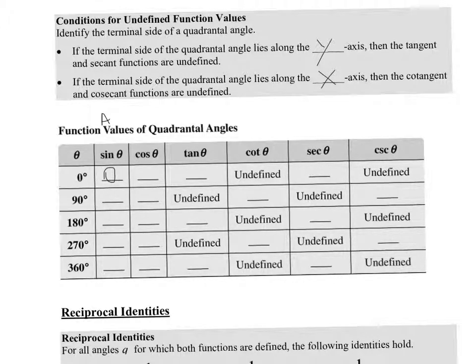What would 90 be? 1. What would 180 be? We're back at A. A is 0. Good. What's 270? -1, because that's a low point. And then 360 would be 0, because we're back at an axis.